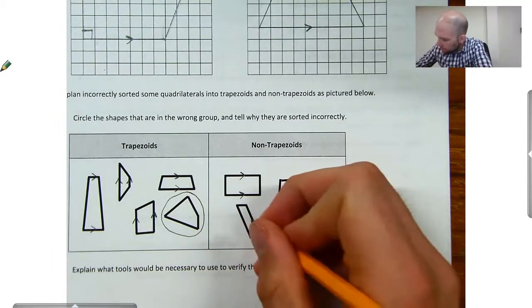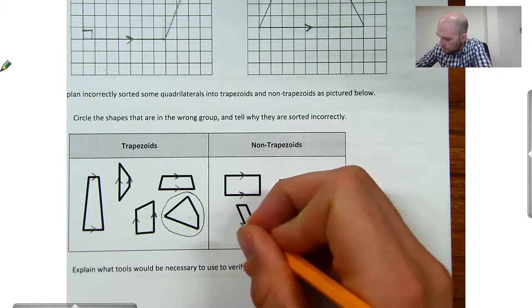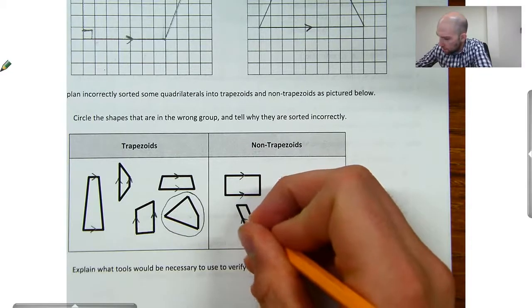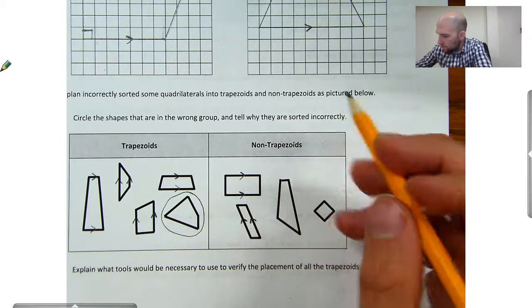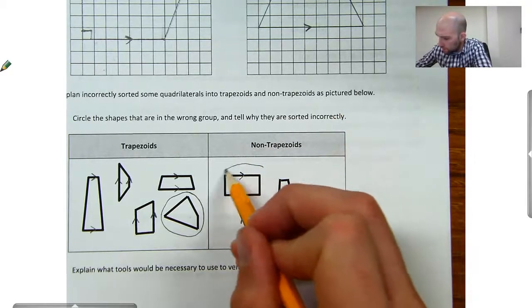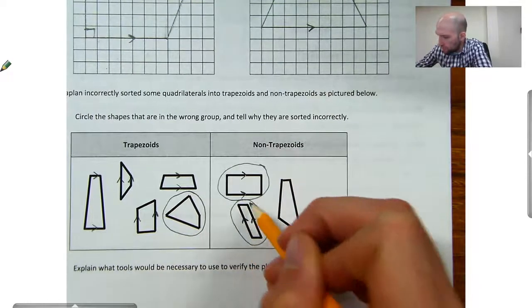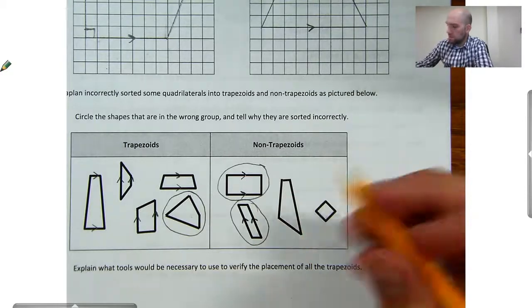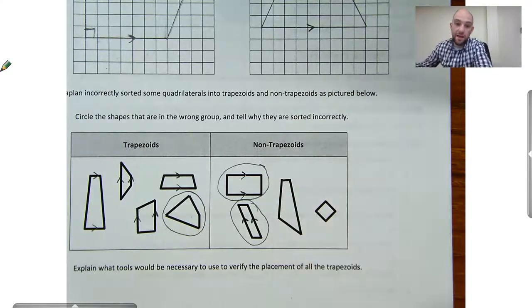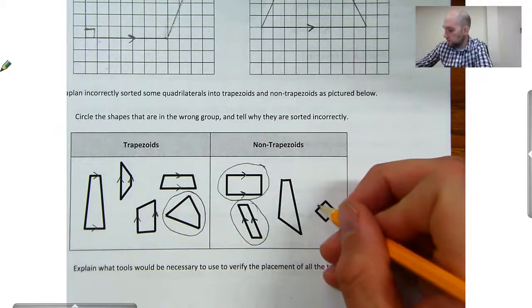This one here, we have a parallelogram, and it's also going to be a trapezoid. So here we're circling ones that are trapezoids because they are in the non-trapezoid section. This one here does not have two parallel sides, so that one is not a trapezoid. It's in the right section.